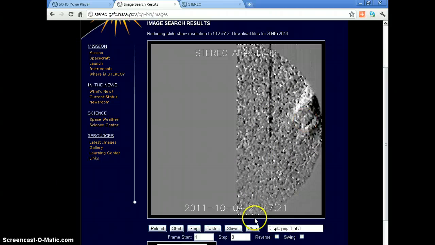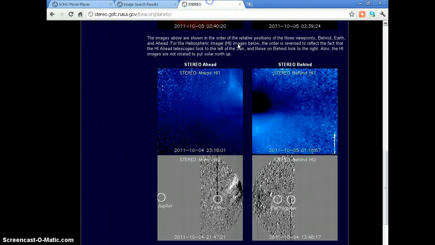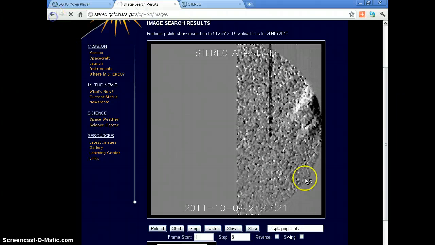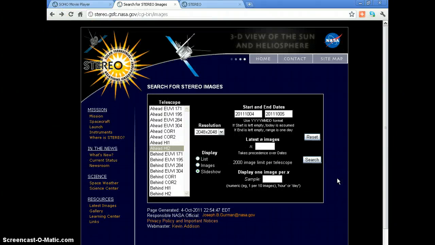So what happened during the day? Well, that's what we're going to find out, and we're going to have a look at these also, STEREO Behind COR2 and STEREO Ahead COR2. So let's have a look at them, see if we can piece the puzzle together of what happened today, which was absolutely major. STEREO Ahead COR2 will do Behind to start.